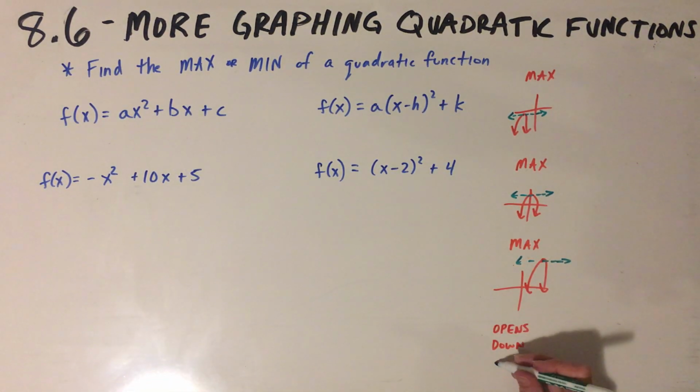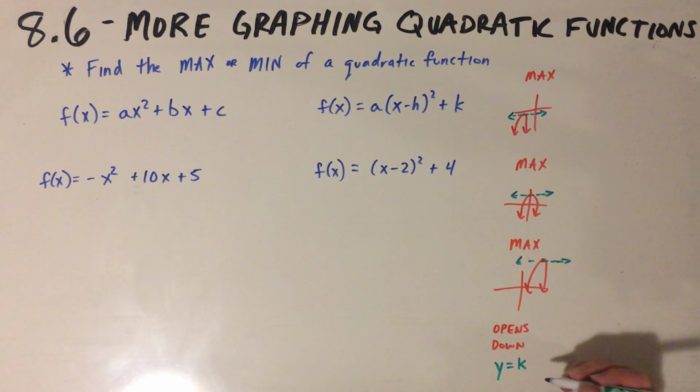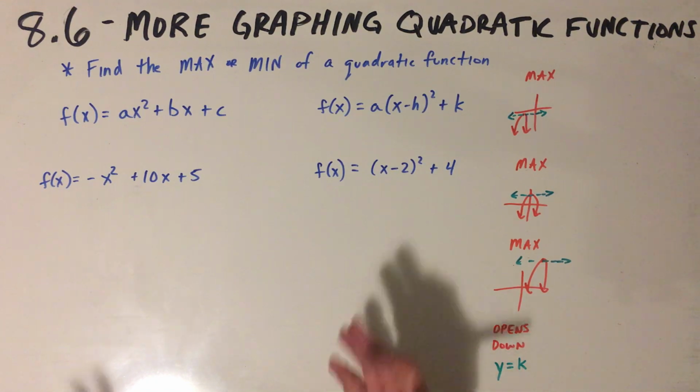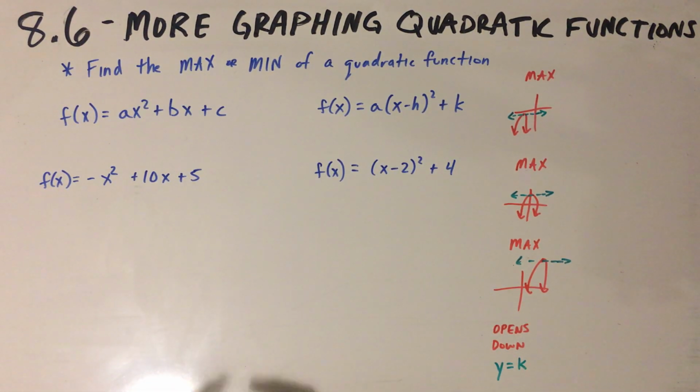So you will get y equals k. Whatever the max value is of the vertex in this case won't always be equal to k, but we'll just call it k. Again, it'll always be equal to the y value of the vertex.